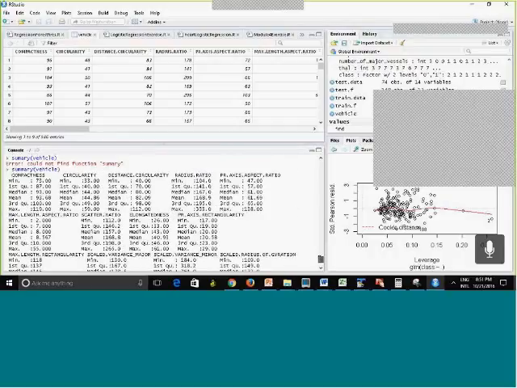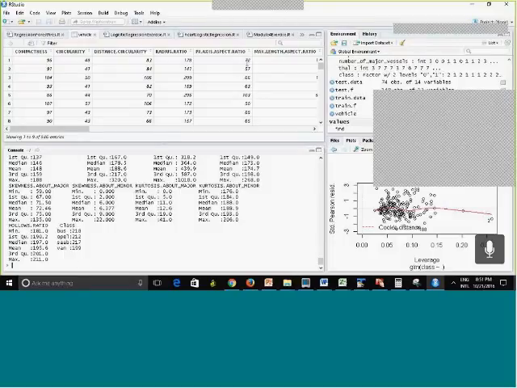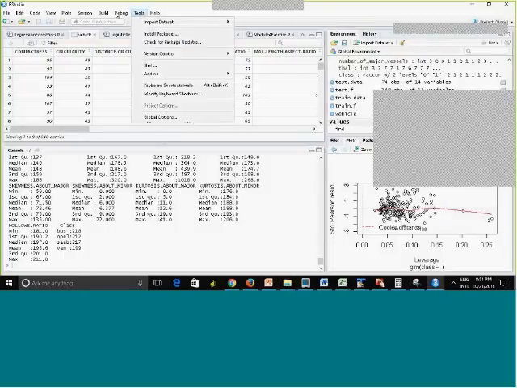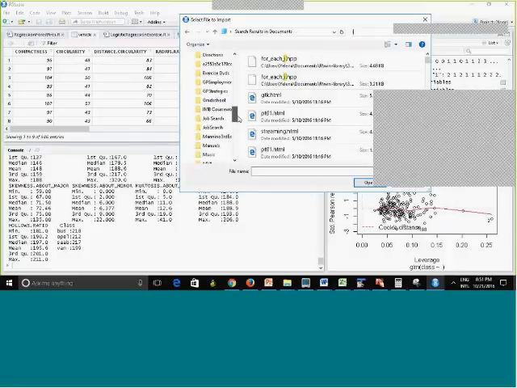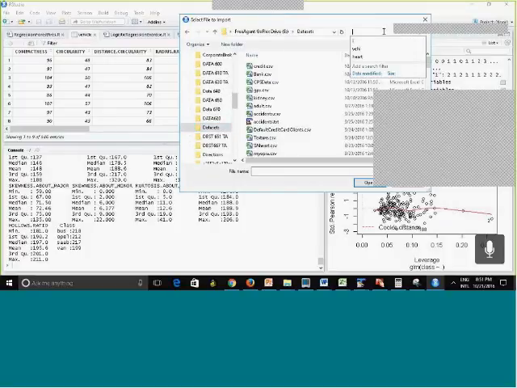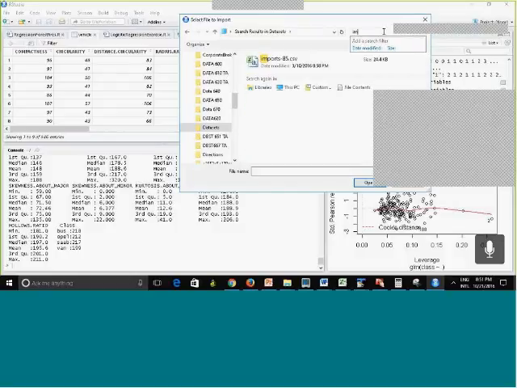This is a different data set. I think I may have asked you to use import, my fault. In any case, I ask you to use the data set named import. Let me go back to my data. Here it is.